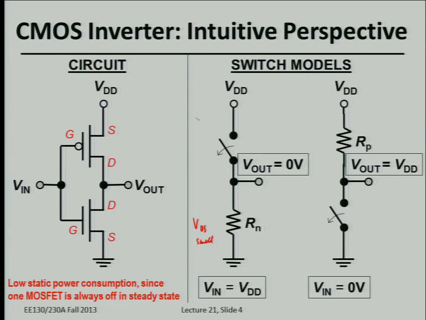And what is VDS for the PMOS device? It's large. Okay, that's good. And then you have the opposite case here, right? For the NMOS, VDS is large if the input is low, so the NMOS is off, and then the PMOS is on. So output is connected to VDD, and the VDS value is small in this case.